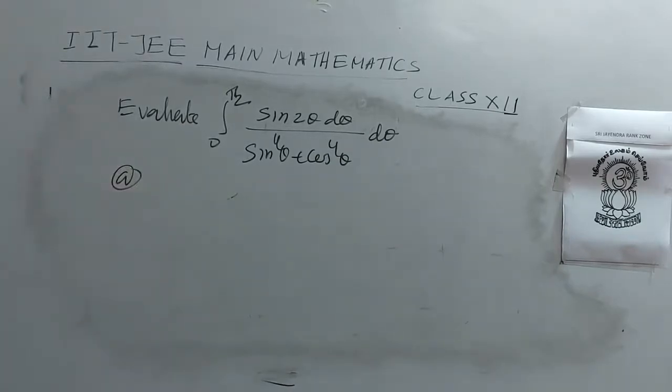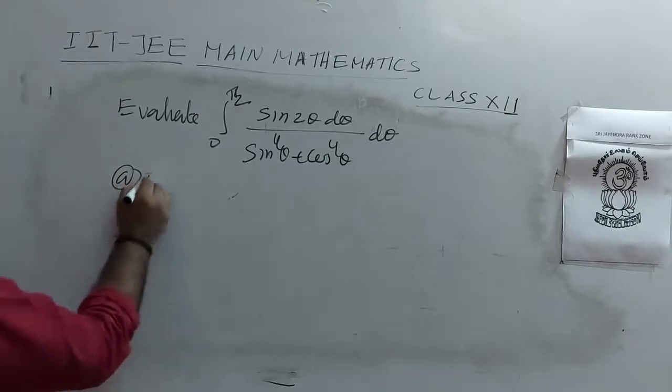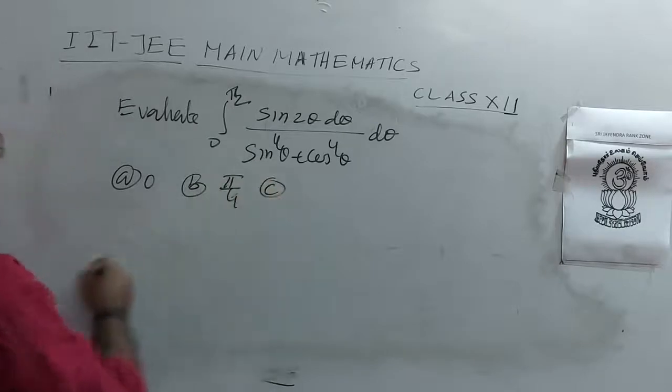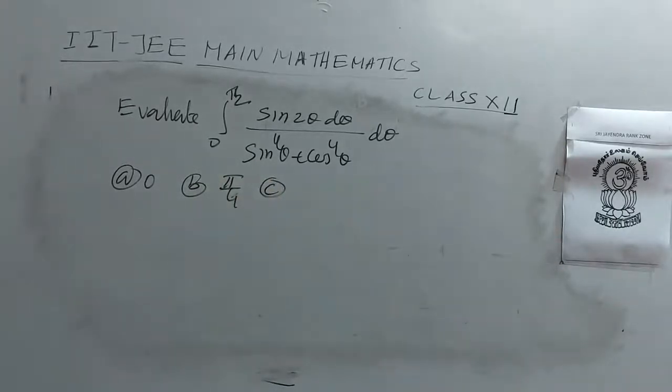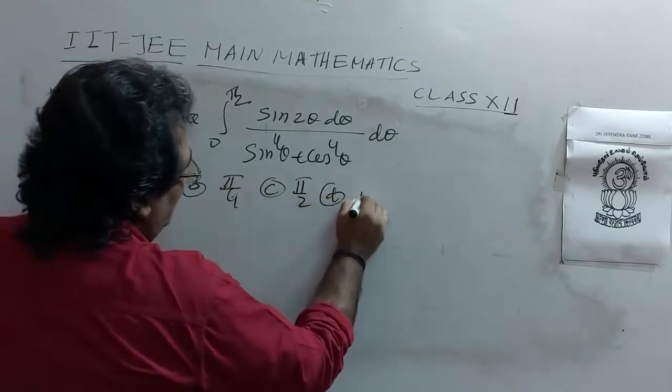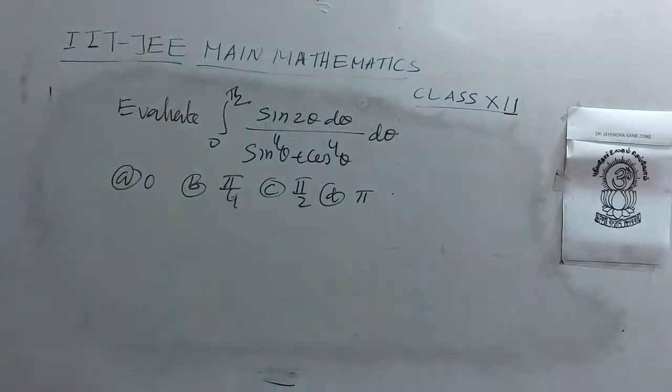Option A 0, option B pi by 4, option C pi by 2, option D pi.